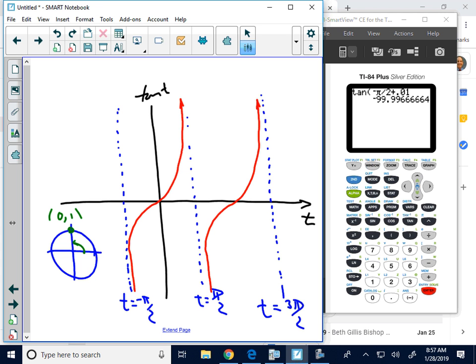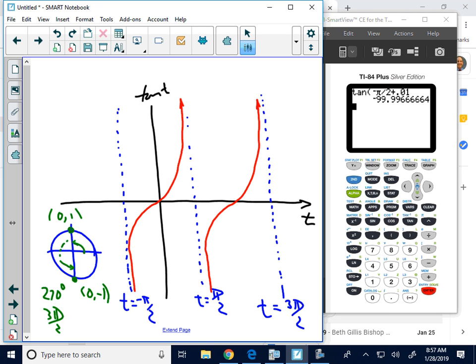And you said 270 degrees. Where would that be on the circle? On the bottom over here. So that would be 270 degrees, right? The ordered pair is 0, negative 1. So tangent is again undefined there. But since we're in radians, this is going to be 3 pi over 2.